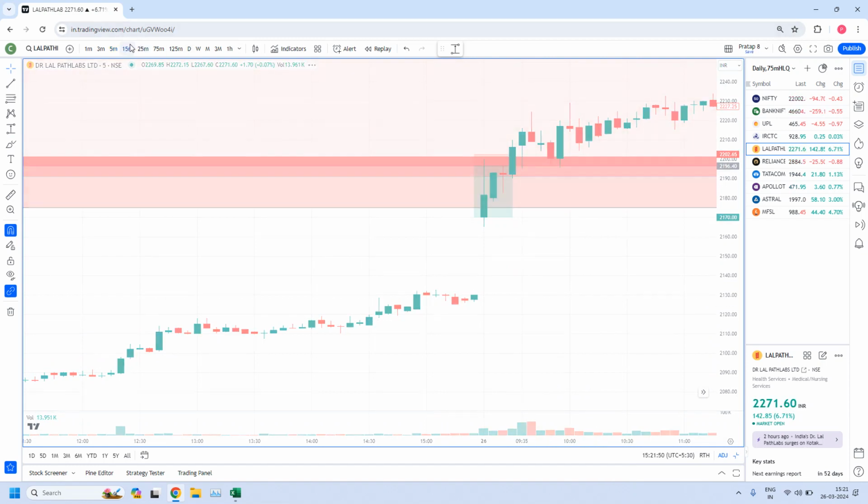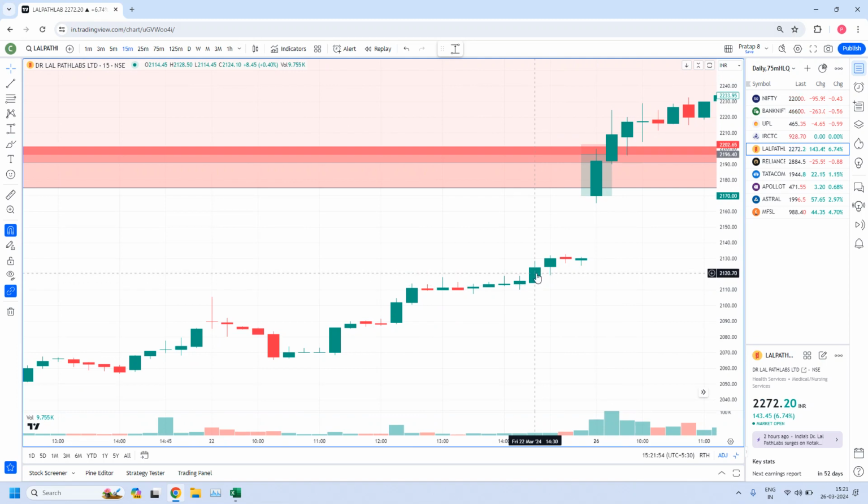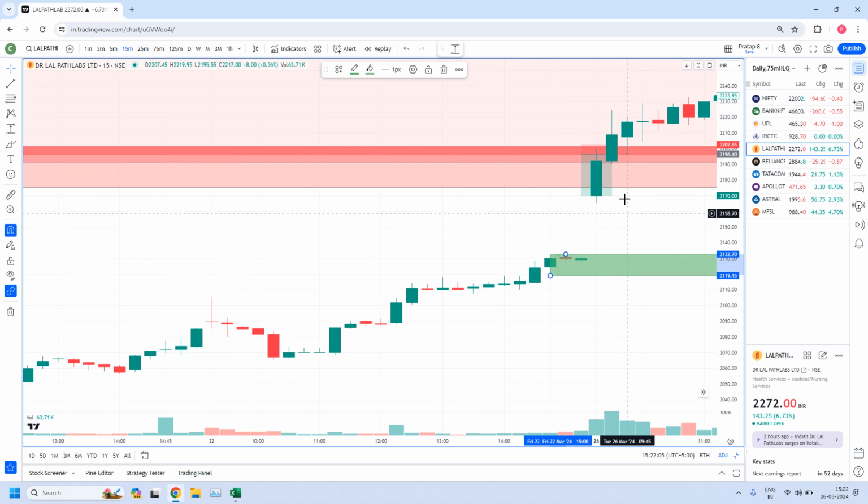And moreover, if you go to the 15 minutes, from your target point of view, see here you have a rally candle, 3 base candles, and again a rally candle with gap. Actually, you are supposed to draw a zone like this for your target, but it is impossible to reach this target. Why is it impossible to reach?